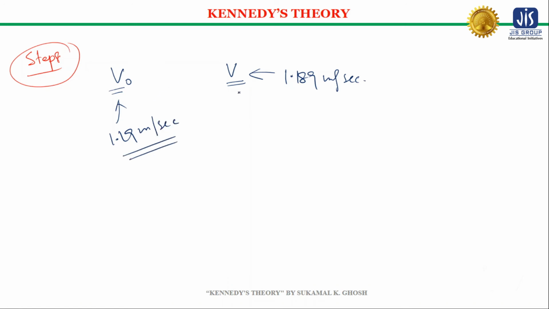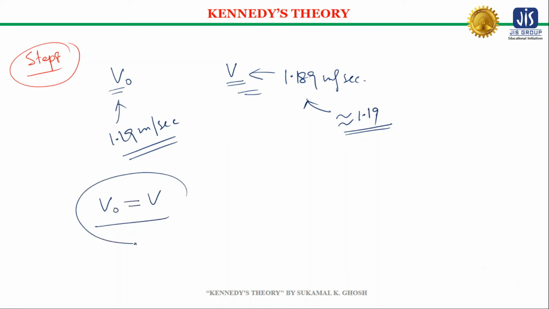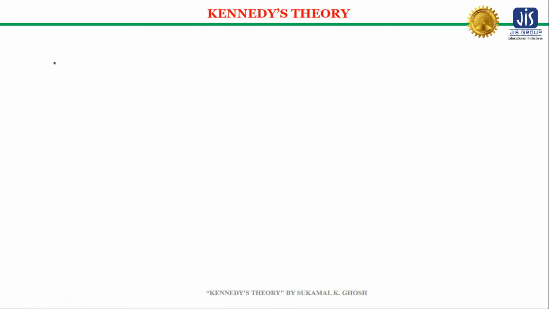So approximately 1.19. So this time we can say that V naught is equal to V, that is, critical velocity is equal to the actual mean velocity.